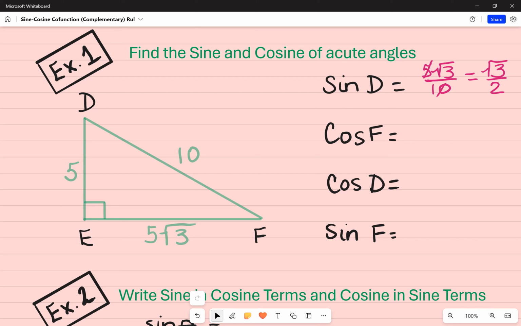Now, if I go to cosine of F, what I want to look for is adjacent, and adjacent means next to. We have two sides next to it. However, the one across from my right angle symbol is my hypotenuse, so that is not adjacent. 5√3 is adjacent, over hypotenuse.